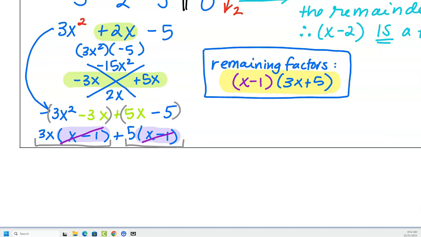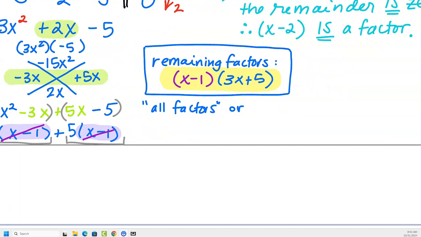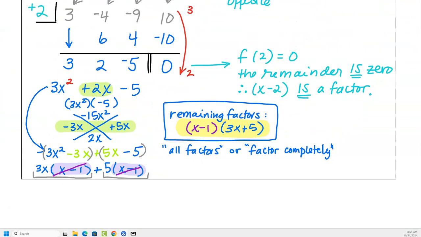Okay, now sometimes in our directions, they'll say find all factors, or they'll say factor completely. In that case, you would still write the x minus 1 and the 3x plus 5.